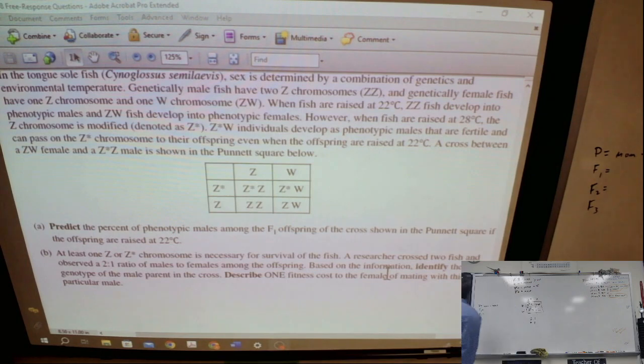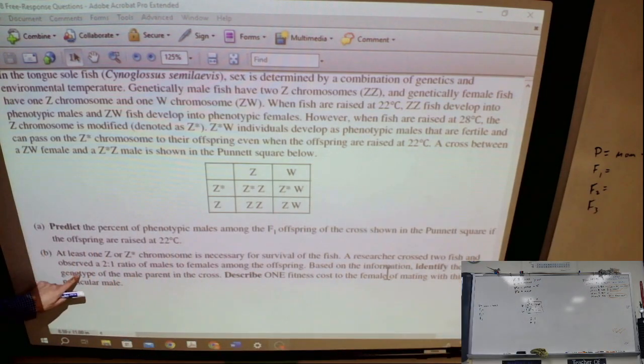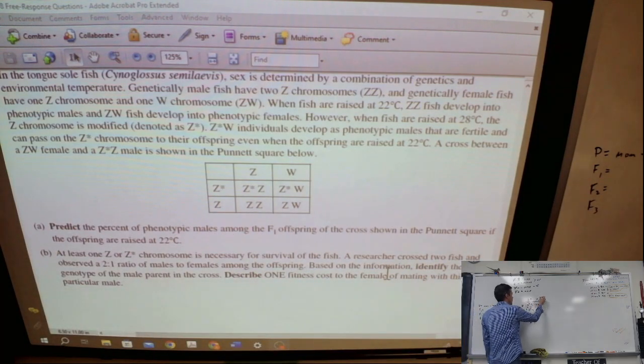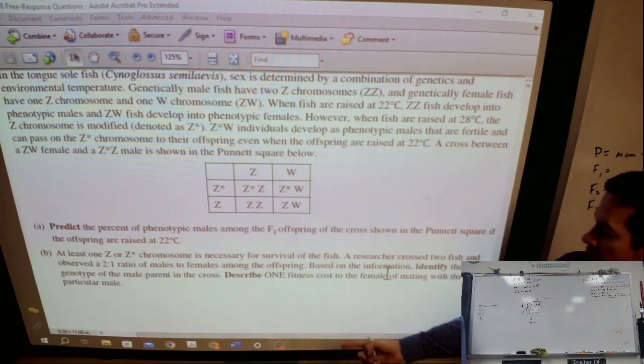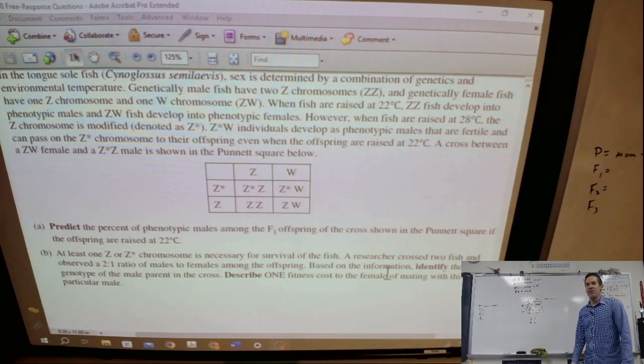That's how I could get a 2-to-1 ratio of males to females. So that's a point if I got that right. I'd identify the genotype of the male parent, and that'd be Z star W. And then describe one fitness cost to the female of mating with this guy. What's the negative of mating with this guy?